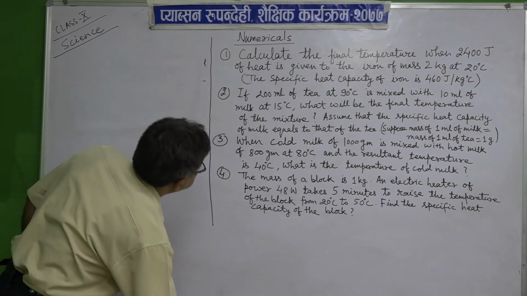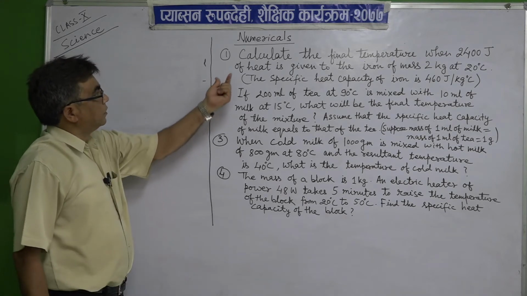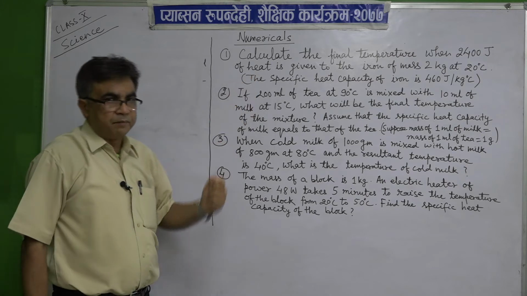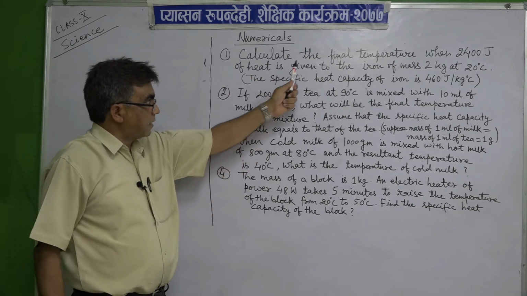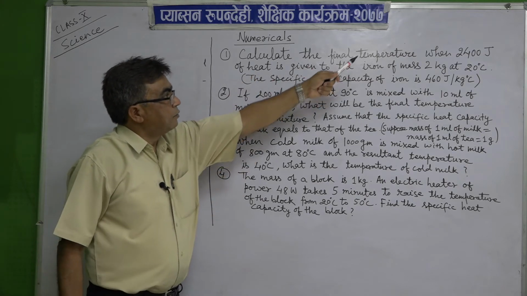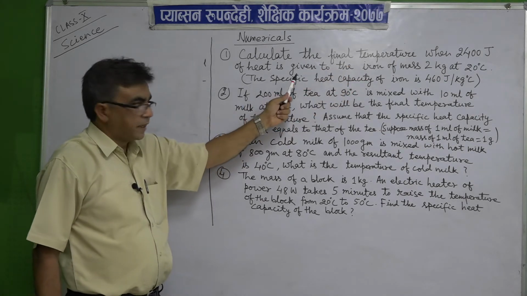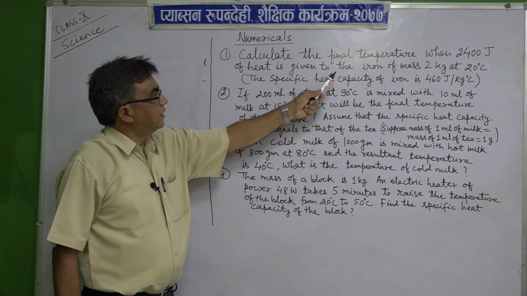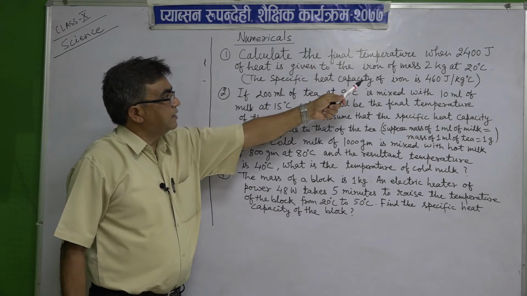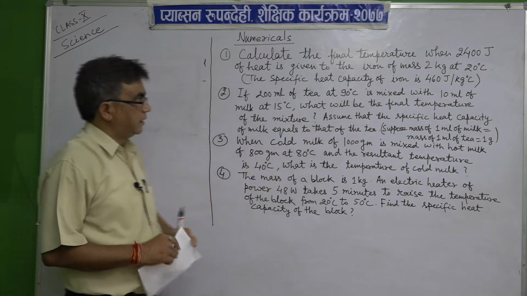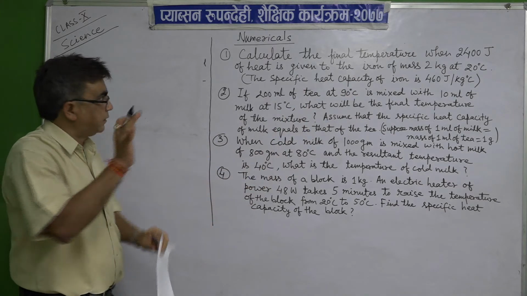What is number 1? Look at the question: calculate the final temperature when 2400 joules of heat is given to iron of mass 2 kg at 20 degree centigrade. So you have to understand the question.